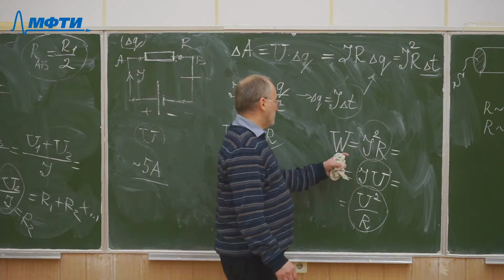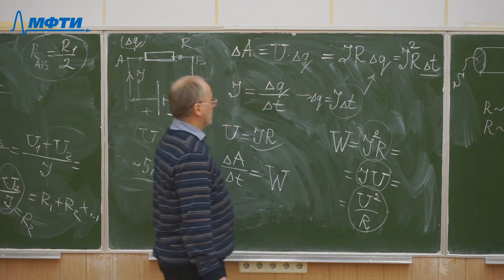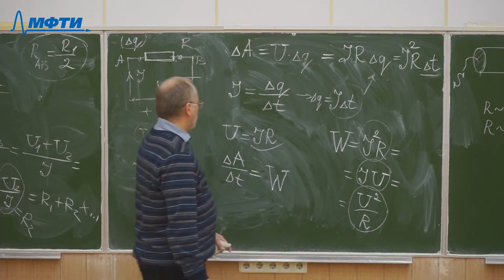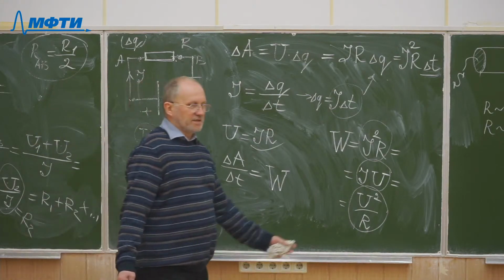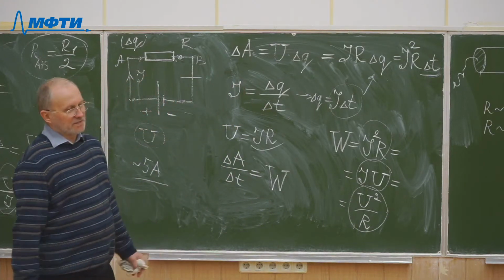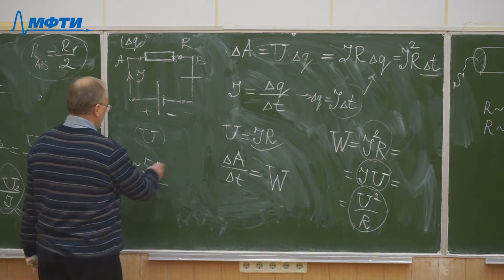So if you have more than 1 kilowatt power of appliances in your room, in your house, and the fuse only for 5 amperes, then you will be unable to sustain voltage and everything will be switched off. The lights will be switched off due to an inadequate fuse in your house.